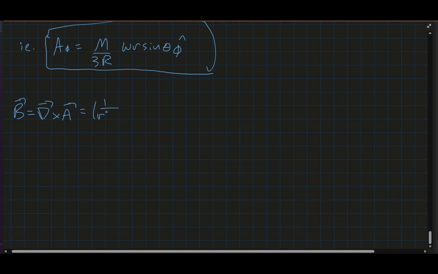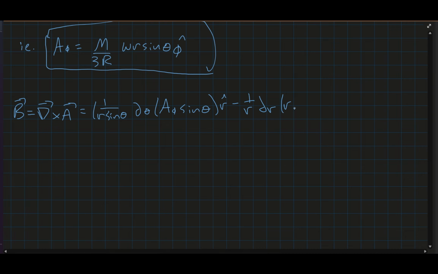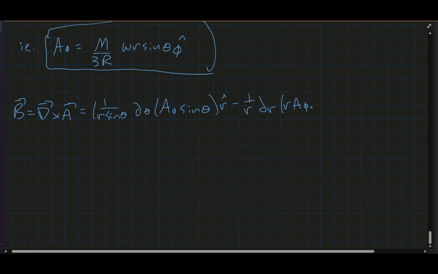You can get this right from Wikipedia or something like that if you don't want to derive it. Just look up the curl in spherical coordinates. You're going to have 1 over r sine theta del theta of A phi sine theta r hat, minus 1 over r del r of r A phi theta hat.